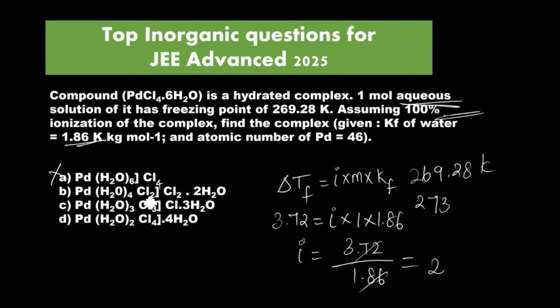The second option has a total of 3 ions, 2 outside the sphere, 1 from the sphere, so it is not our answer. Option C has 2, so it can be our answer. Option D has only 1, which is not our answer. So the answer to this question is option C.